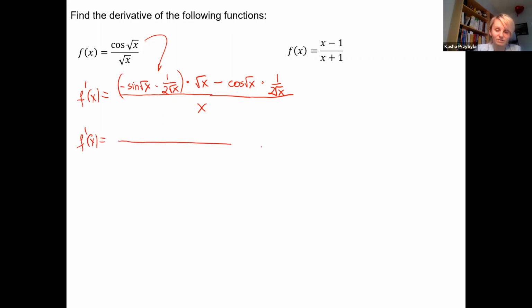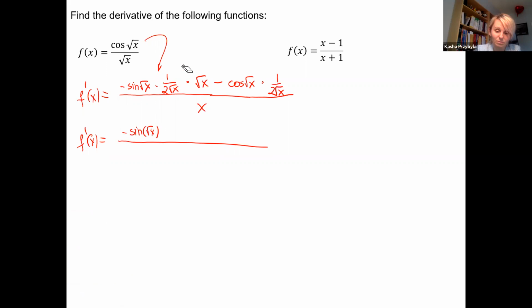Okay, let's simplify. We will have negative sine, and I can't do the arithmetic on my angle, but I can combine these two.